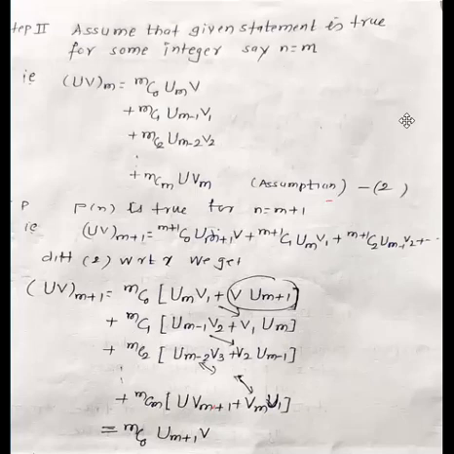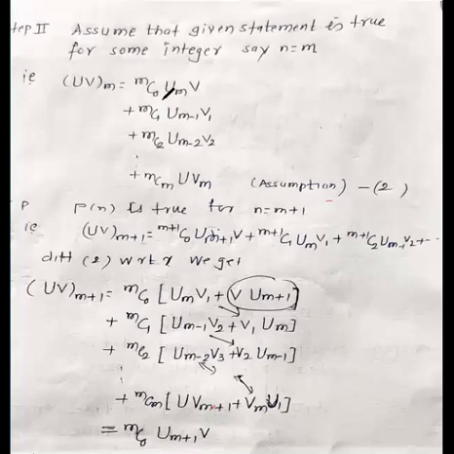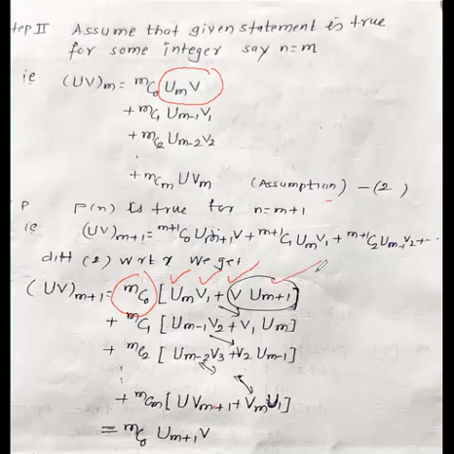Product rule is first function into derivative of second. So what is the first function here? We will differentiate this mC0 as it is. The first function is um. The derivative of v is v1. First function, derivative of second, plus second function v as it is into derivative of u suffix m. That is, the next derivative is um plus 1. These are simple notations we are using. First function, derivative of second; second function, derivative of first.